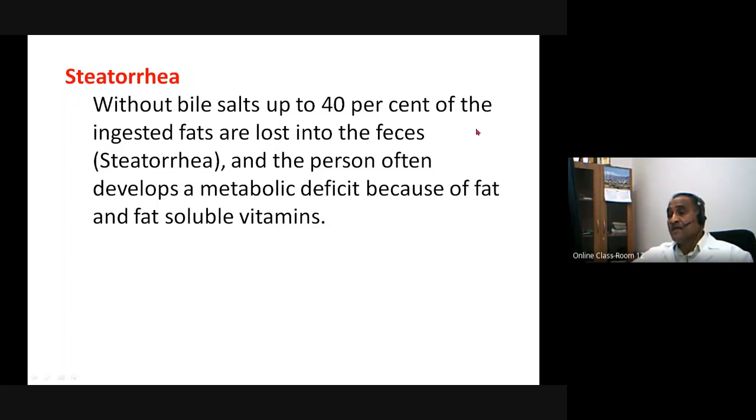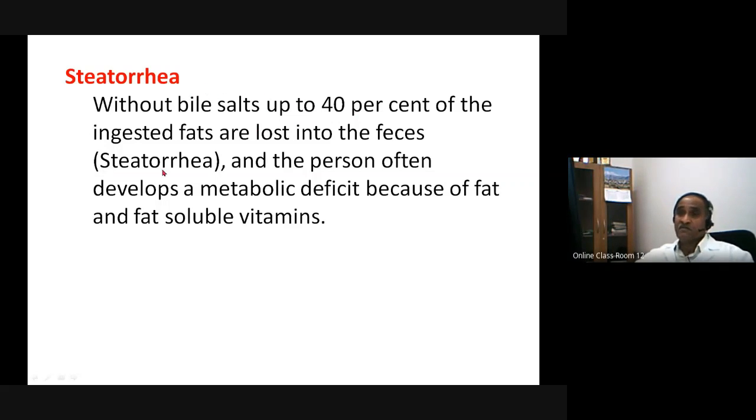Very bulky and pale stools are formed, and this bulky pale stool is known as steatorrhea. So this is a condition in which there is a deficiency of bile salts. It may happen in case of a stone in the common bile duct, or a tumor of the head of the pancreas, or even because of infection of the liver, hepatitis.